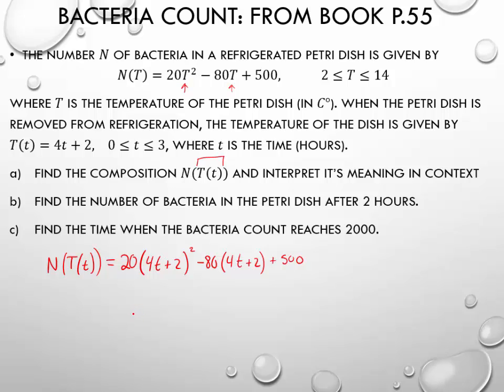This would be the number n of bacteria in a refrigerated petri dish taken out of the refrigerator in terms of time. Okay? Not temperature. So, how many bacteria do we have after a certain amount of time when the petri dish is taken out of the refrigerator? Does that make sense?